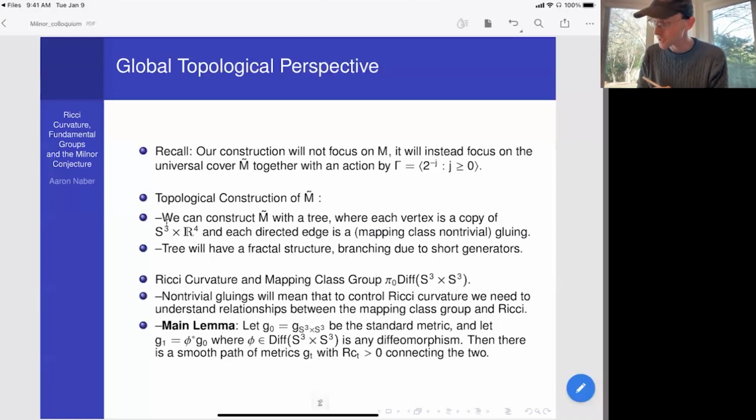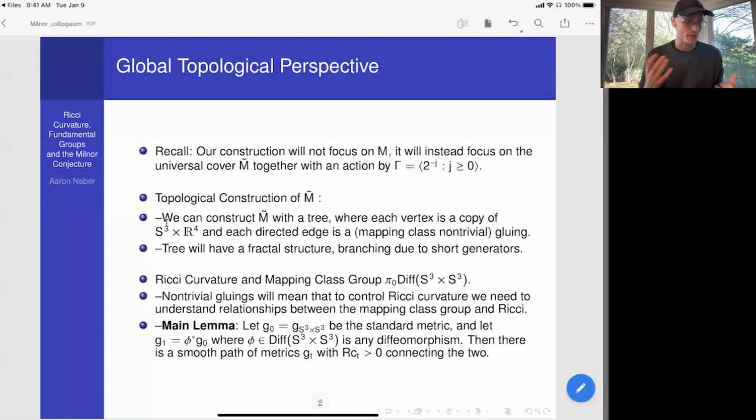So the lemma is the following. Take S3 cross S3 and let G naught be the standard metric on it, so two copies of your sphere. Let G1 also be the standard metric, but written as being pulled back by some diffeomorphism on S3 cross S3.